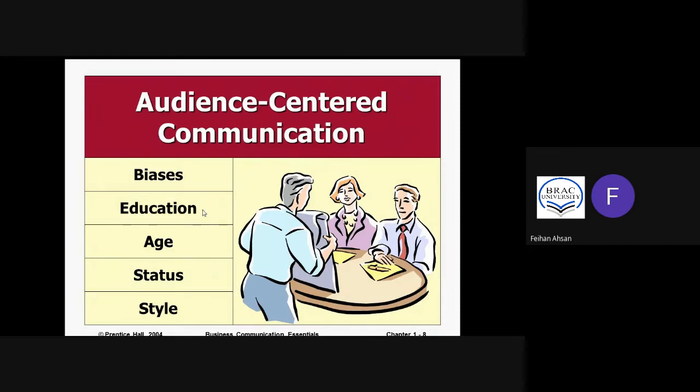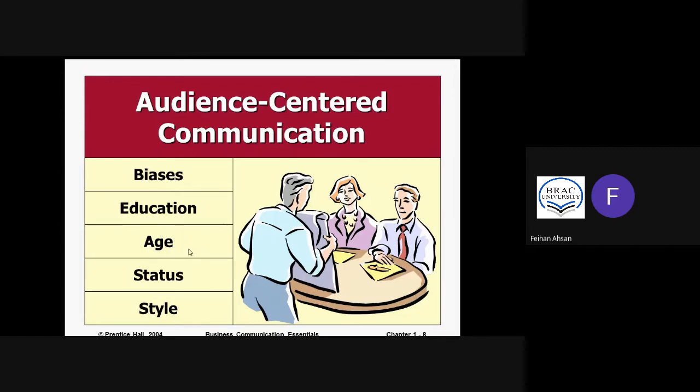If you're communicating to a low education audience, then your message can be different. If you're communicating to a high education audience, then your message can be a lot more complex, and you can use a lot of subtle cues. Now that goes hand in hand with age, which corresponds to maturity.